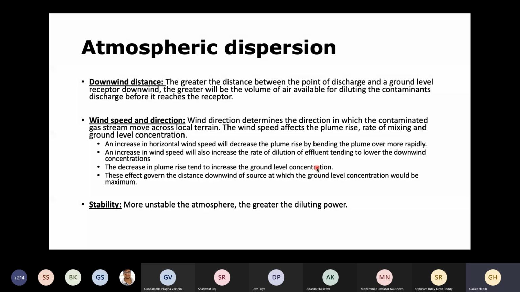So, for example, there are criteria pollutants: PM, particulate matter, PM 2.5, then CO, NOx, SO2, ozone, etc., and even Pb, lead, is included.